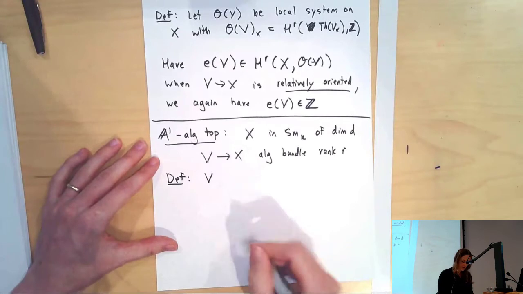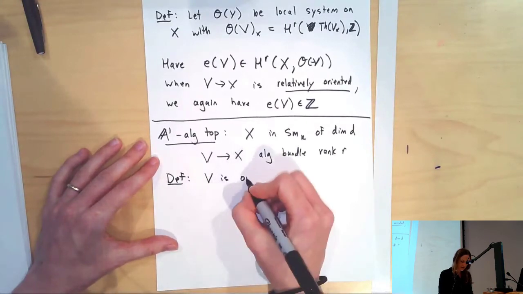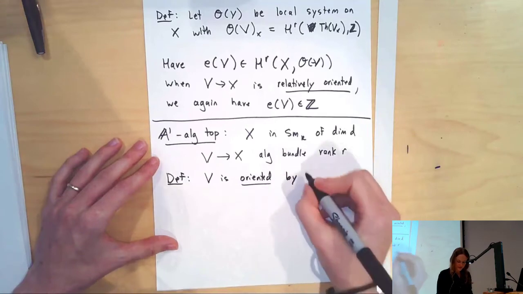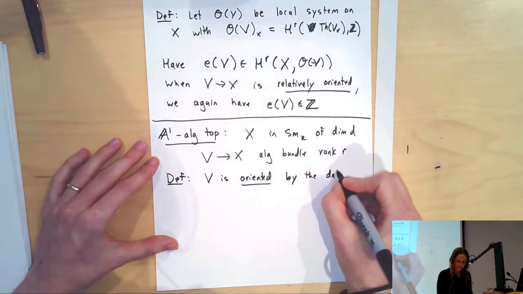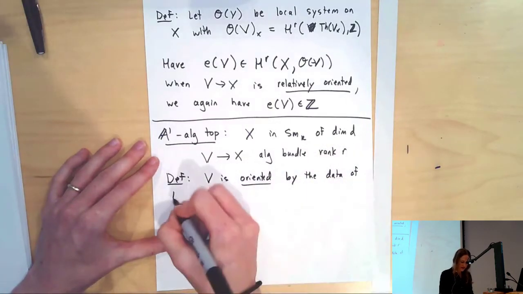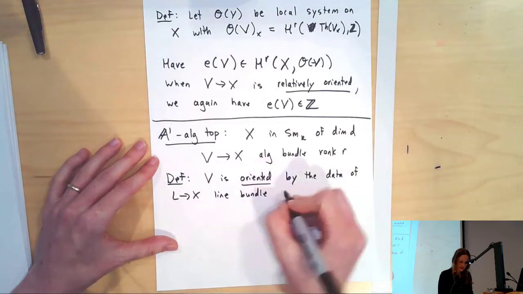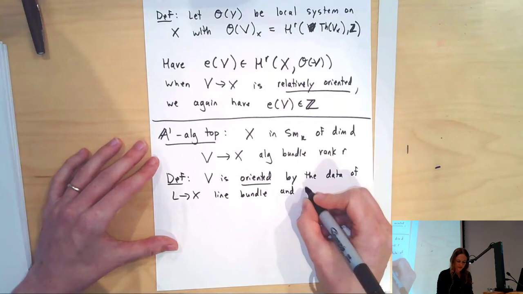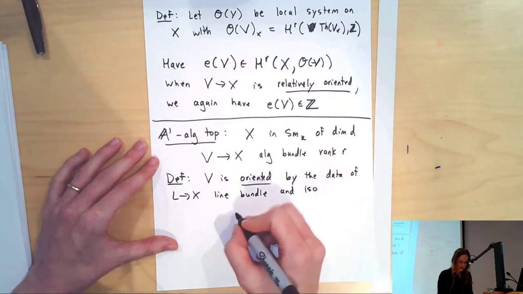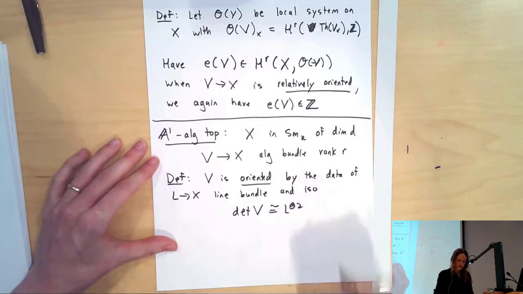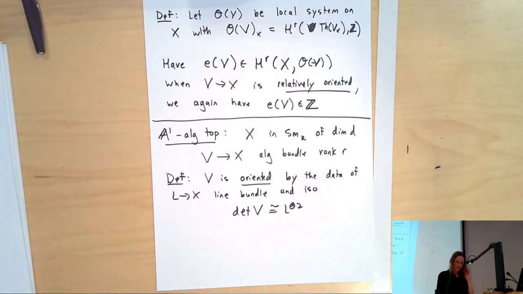So V is oriented by the data of L over X, a line bundle, and an isomorphism between the determinant of V and L tensor square.